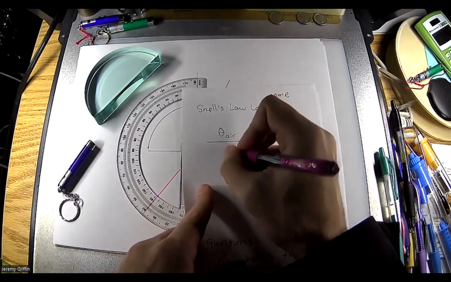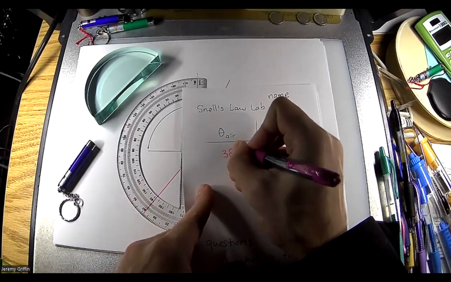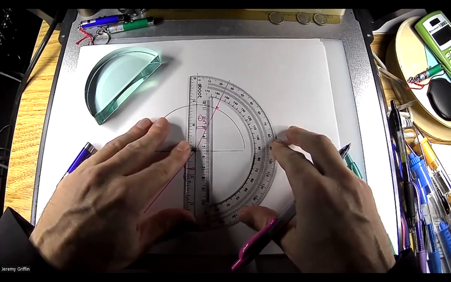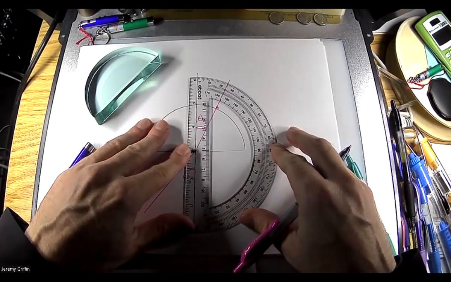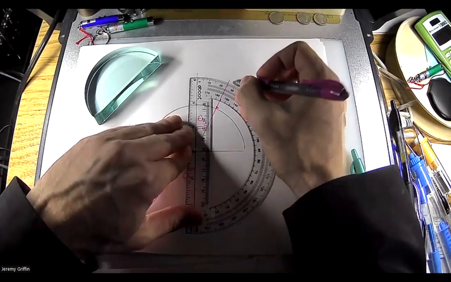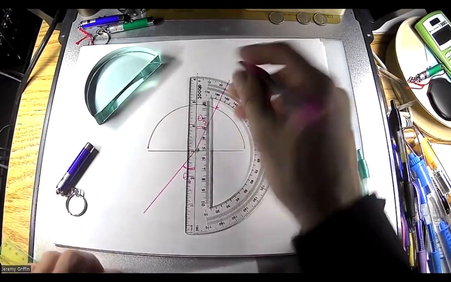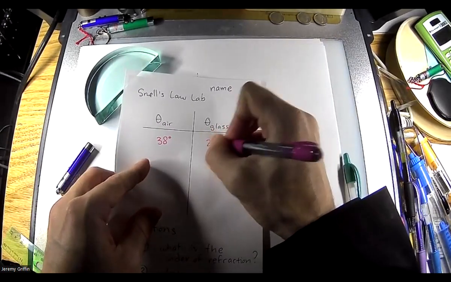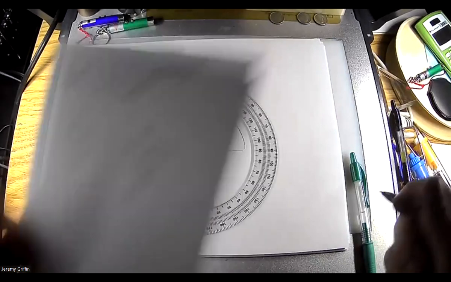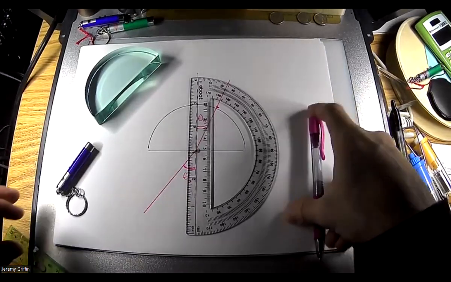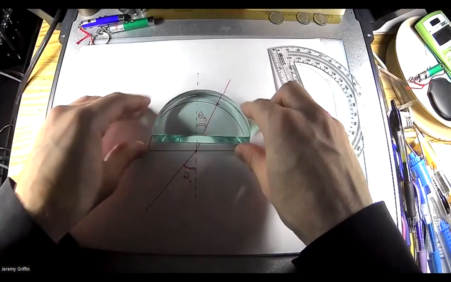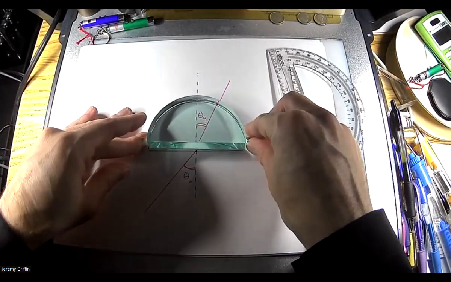So on the side of the air, I'll call this 38 degrees. Then flip my protractor, zero out that normal line again, and that sweeps through 24 degrees. That's one pair of angles. You could probably solve these questions with just that, but I'm going to do another couple of angles just for practice. So 38 and 24 degrees.